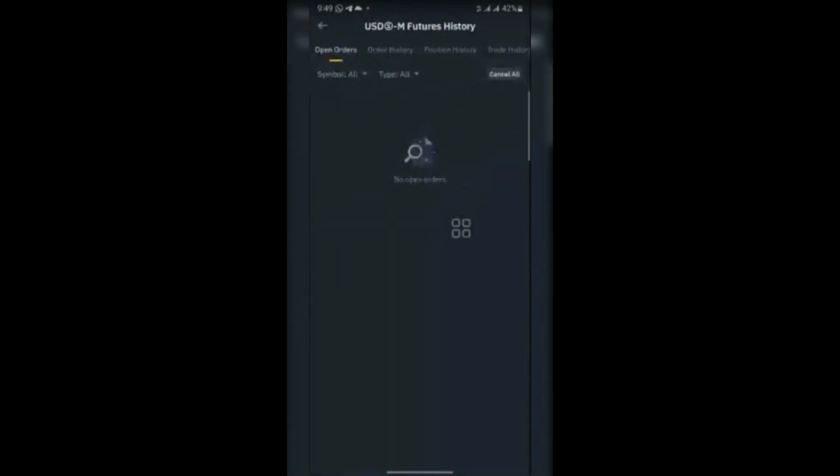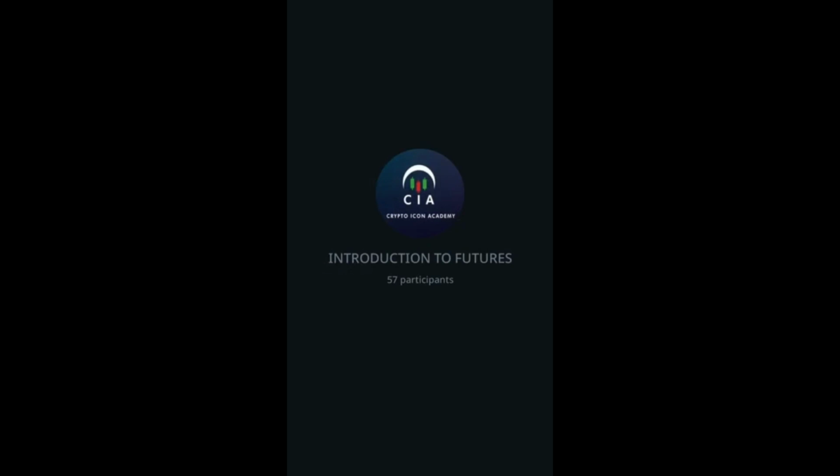Can you see this trade history like this? This is all the trades that I took today. BTC, like that. So these are the trades that I took personally.